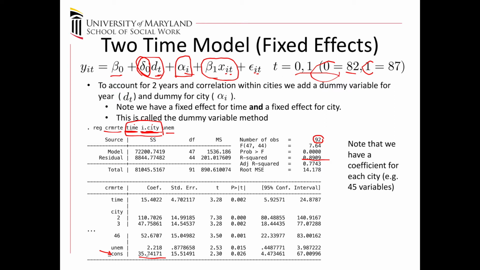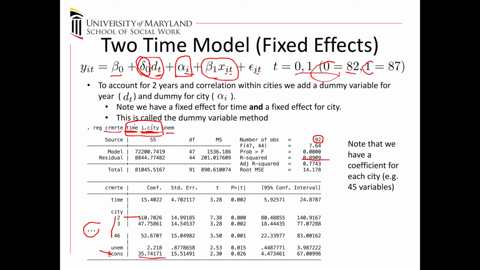So this is the crime rate with 0 unemployment, in city 1 in 1982. You'll notice I have a bunch of dots here because this goes from 2 all the way down to 46. So that's a long list in the actual data output. I'll show you in a second.